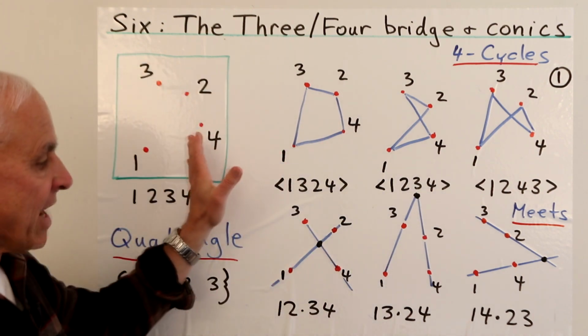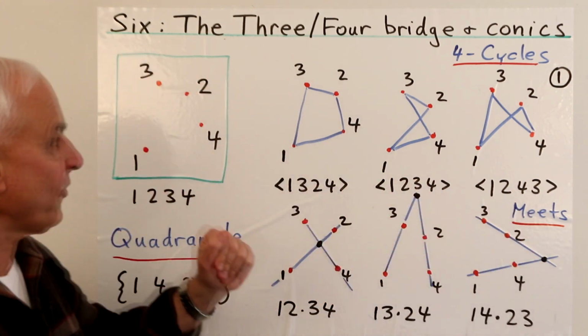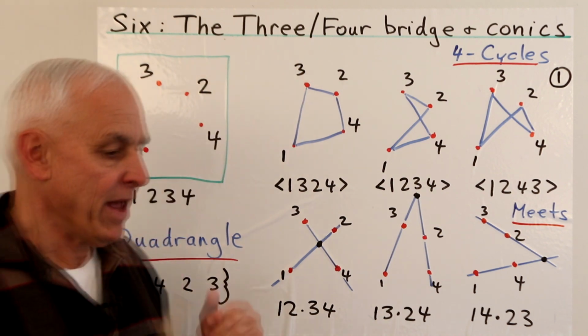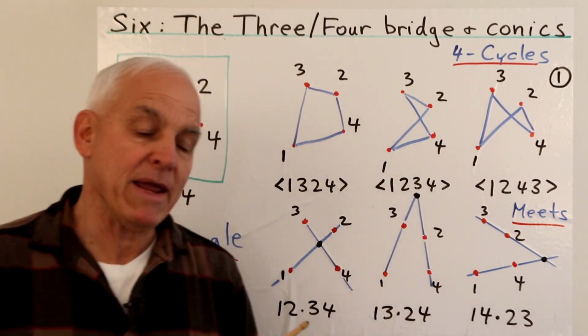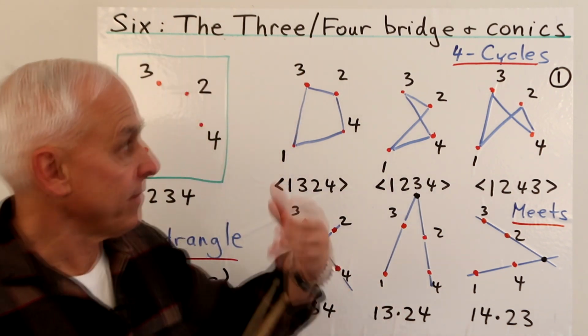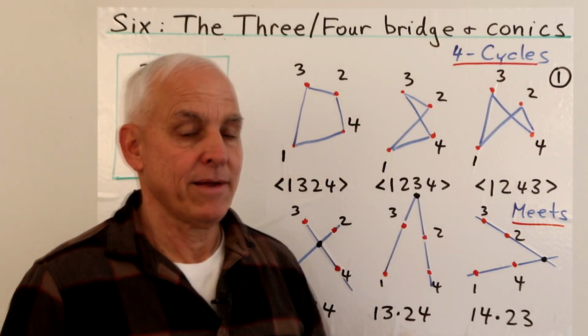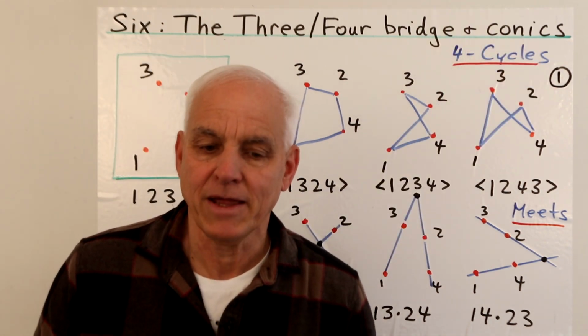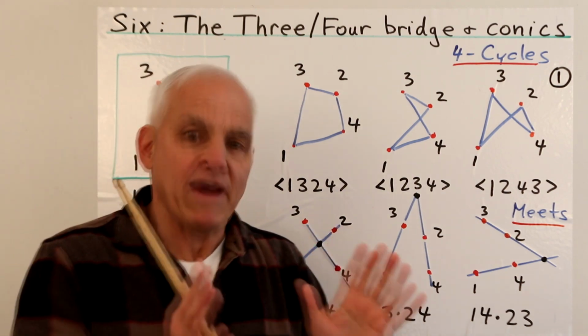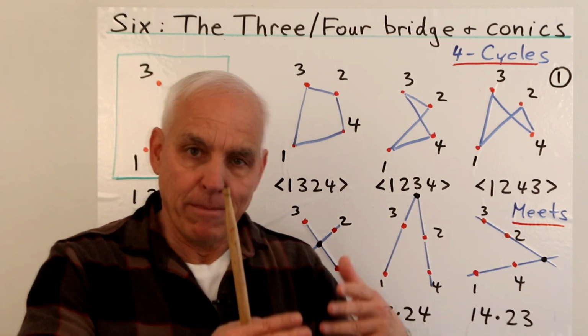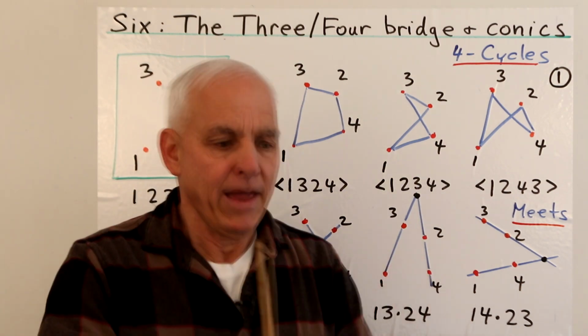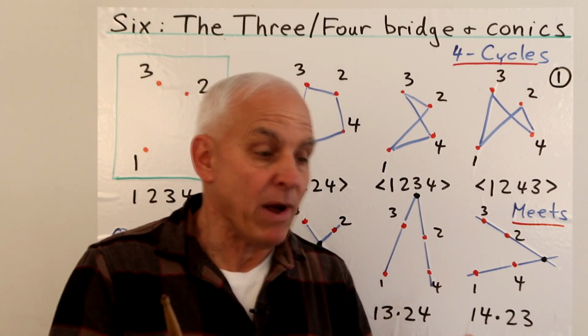So last time we were talking about cycles and the 3-4 bridge, and I want to talk a little bit more about that and make a connection with some interesting geometry having to do with conics. Okay, so what we're investigating is actually quite elementary and combinatorial, and we're not actually motivated by anything in particular.